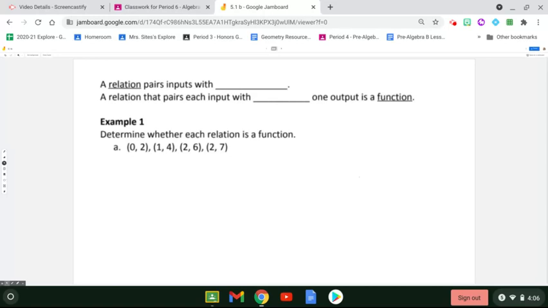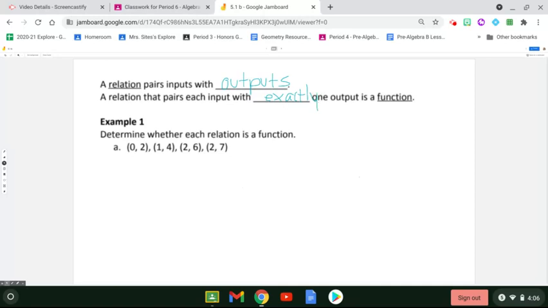So these are all called relations, okay? And a relation pairs inputs with outputs. A special case of a relation that pairs each input with exactly one output is called a function.